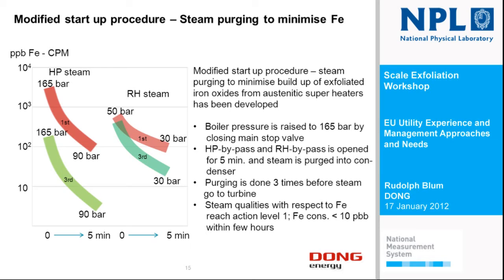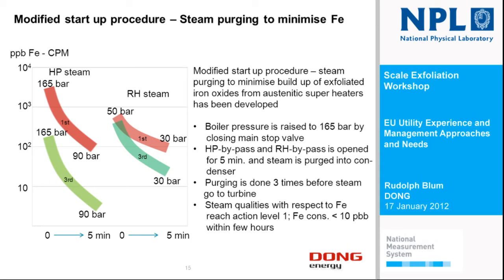Most probably the exfoliation takes place when you go from a hot condition to a cold condition, because then your outer tube is shrinking due to the very extensive thermal expansion of the austenitic material, but the oxide, which has a more ferritic nature with respect to thermal expansion, will stay, and then you will have the exfoliation.